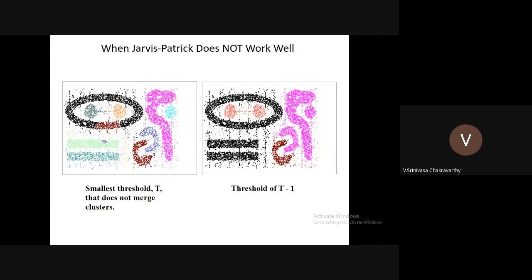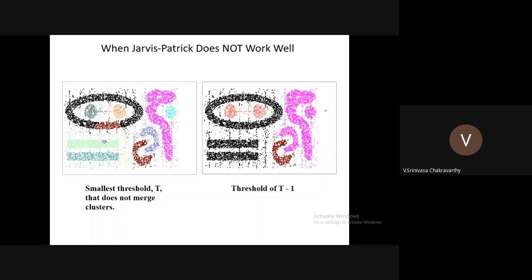You can see that, right? So you take the minimum threshold at which all these will be separate. Now reduce the threshold a little bit, T minus 1. You see that it merges this black elliptical annulus with these two rectangles which are so far off. Because there is a lot of noise in the background. So this noise ends up connecting all these points with these rectangles which are so far off.